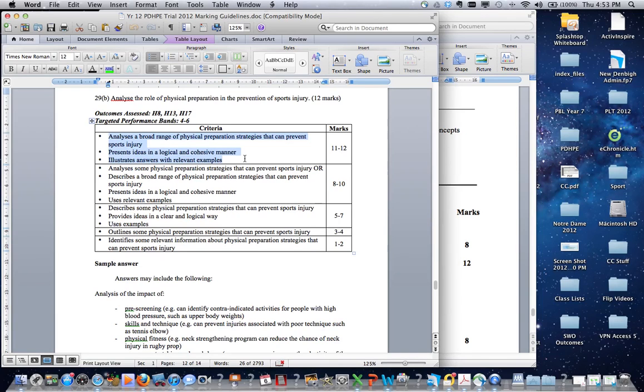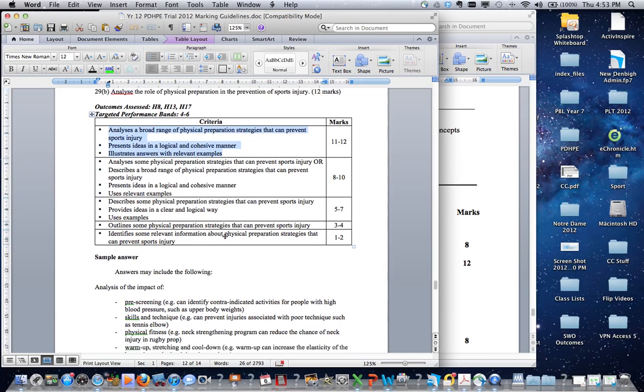So you needed to look at a range of each of the components, not just one or two, and discuss them and look at how they are able to prevent sports injury. You present your ideas in a logical and cohesive manner, which is a common feature in each of these marking criteria, and again it illustrates with relevant examples.